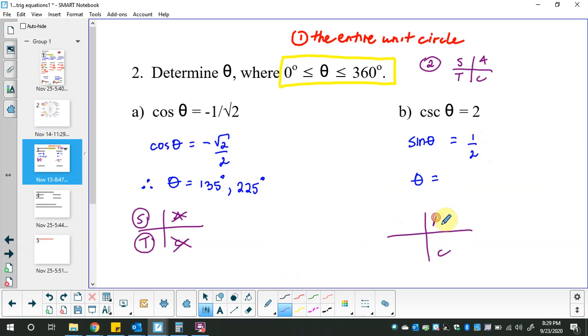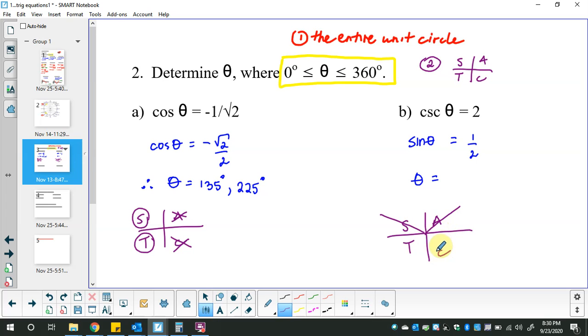We are looking for places where sine is positive, because originally cosecant was positive. Sine is positive in this section because that says sine positive, and sine is positive in this section because this is all are positive. So I should only find answers in the upper 2 quadrants and not the lower.